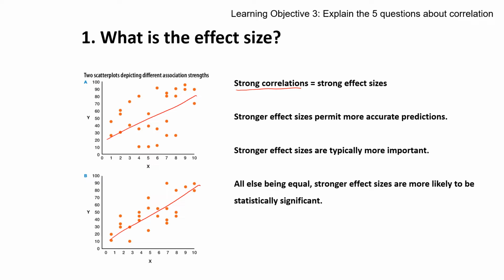You look at this bottom one, this B, and it's got a stronger correlation. Meaning, when we look at the distance of all of these dots from our regression line, you see that the bottom one, they're basically closer to the line. Because they're closer to the line, we're going to call that a stronger effect size because the correlation has a greater effect. And because of that, a stronger effect size allows us to make more accurate predictions.